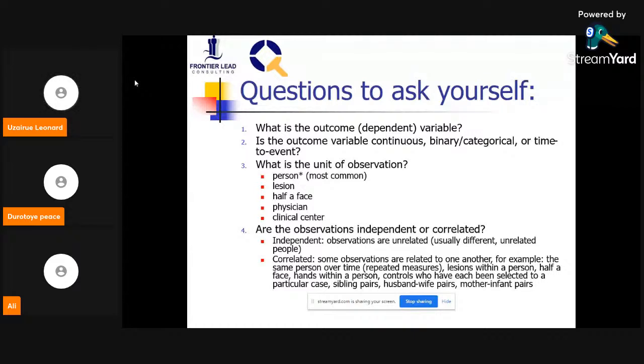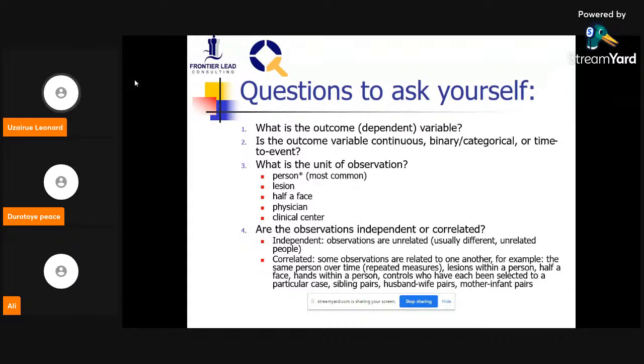An example is when you are looking at a mother-infant pair, husband and wife pair, or sibling pairs. There is a kind of correlation, a relationship between those pairs that you are observing. But when you are looking at male and female, for example, those observations are independent. They are not related.